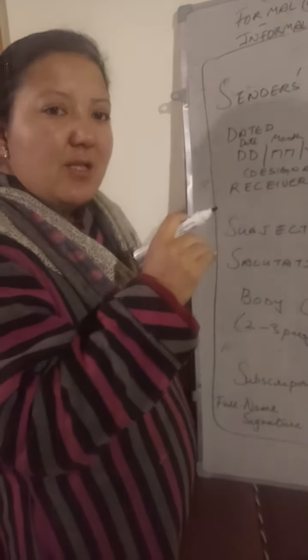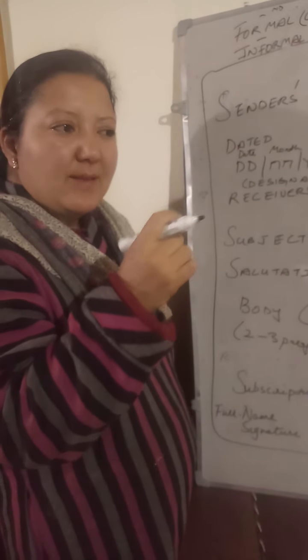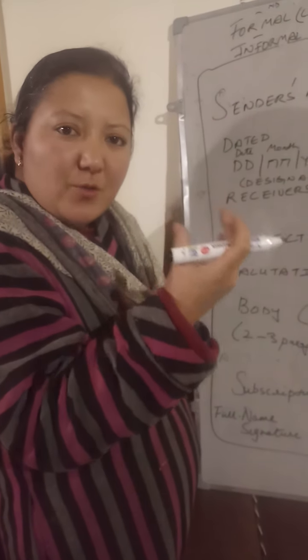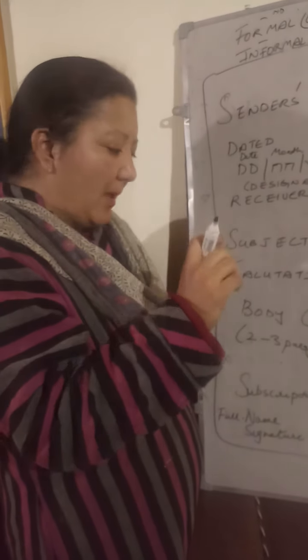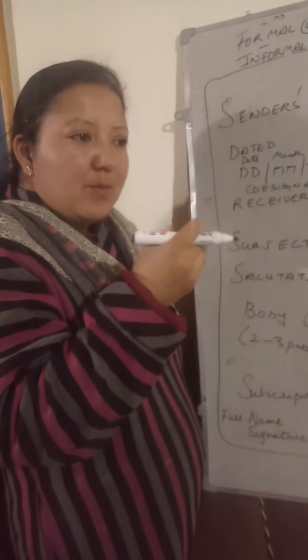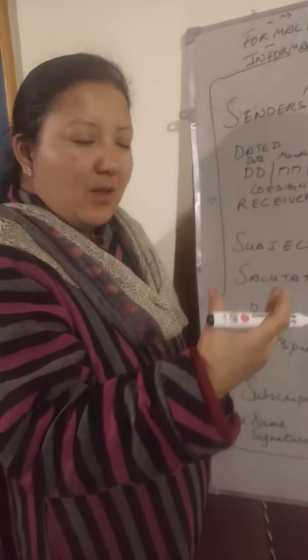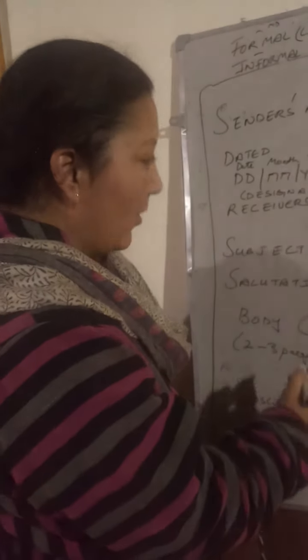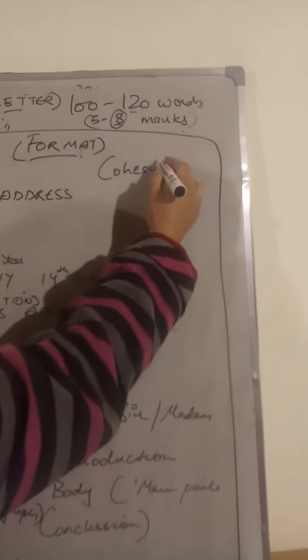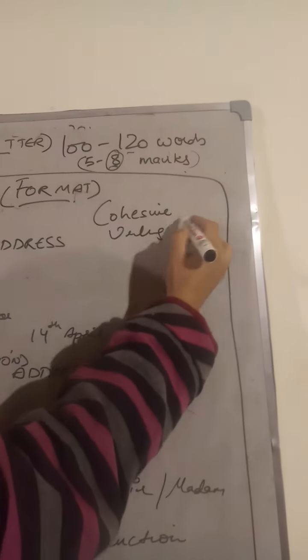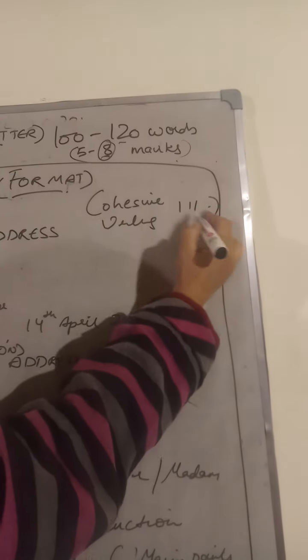Cohesive writing is where the examiner can see proper usage of grammar and punctuation, and at the same time you are splitting the conversation into paragraphs. This is one of the parameters to examine a paper. You're getting at least 1 to 1.5 marks extra for that. So keep that in mind.